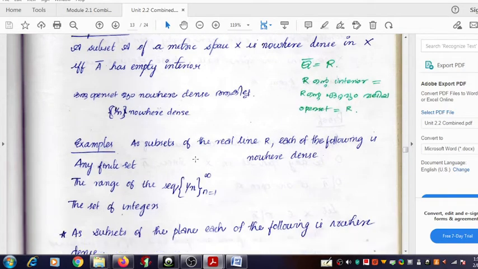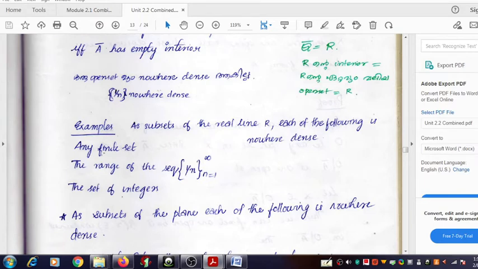Next, we consider more examples of subsets of the real line, one by one. Any finite subset of R is nowhere dense. Every finite subset of R is nowhere dense.